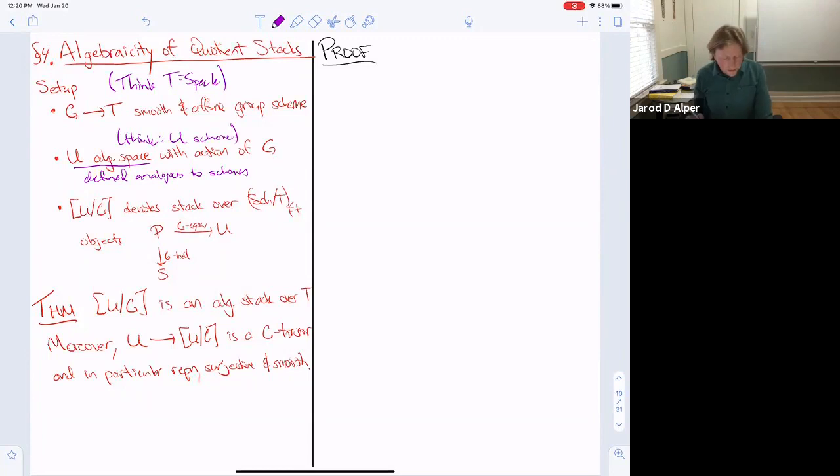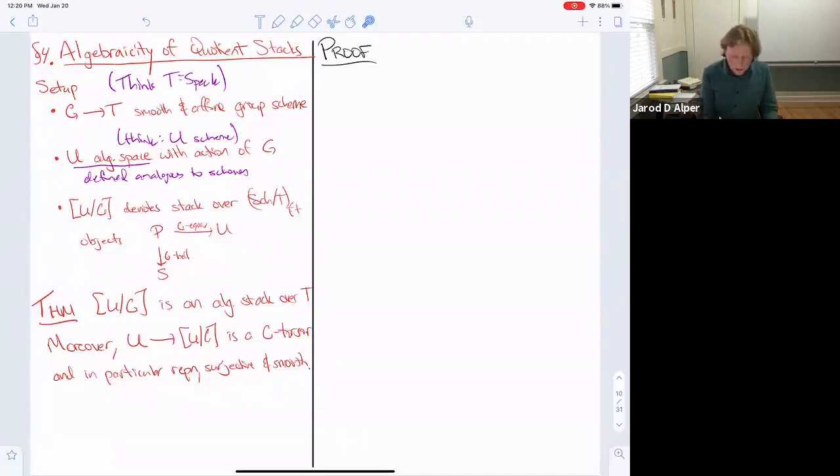Now we define something that we've defined, at least in the case when U was a scheme: the quotient stack. This is a stack over the big étale topology in the relative case over T, but as I've just said, we could also view this as a stack over just schemes.